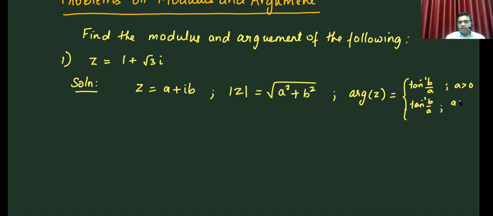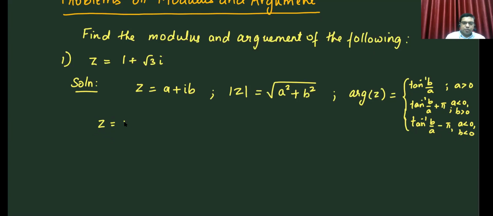If a is negative and b positive, it will be tan inverse b by a plus pi. And tan inverse b by a minus pi if both a and b are negative.